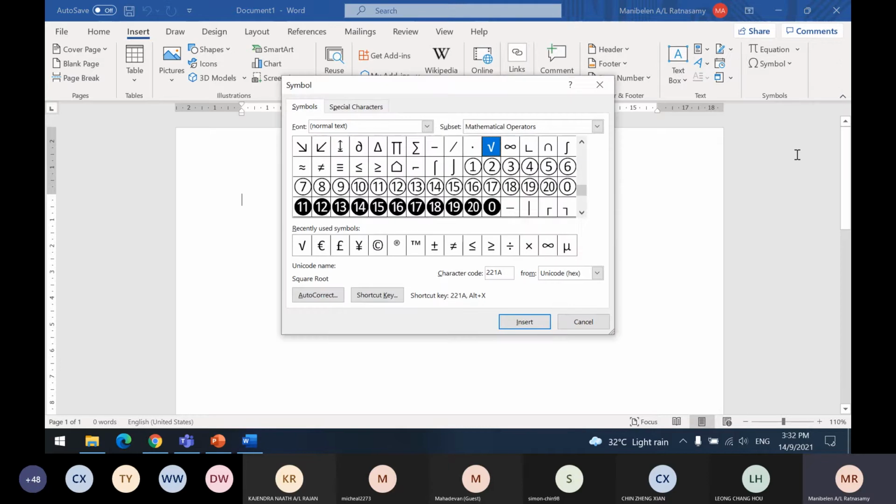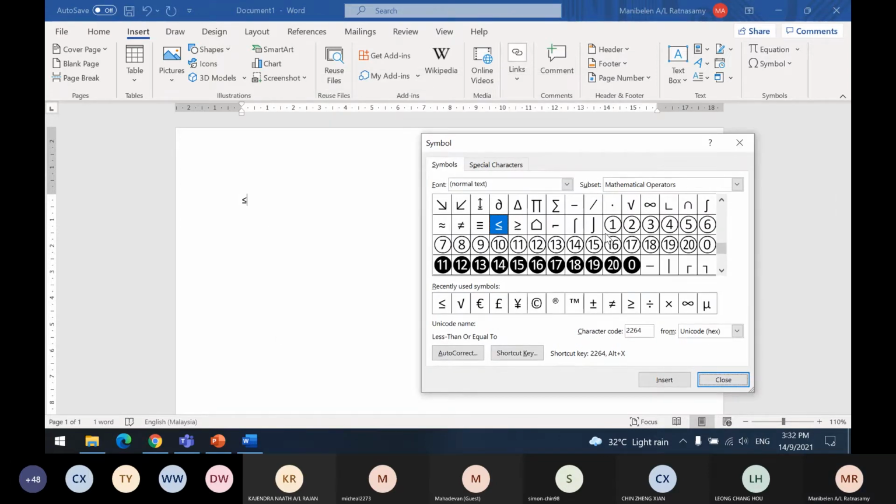If you cannot, let me know. When you insert this symbol, do you think the computer can understand this symbol? The computer cannot understand this symbol. Computer won't understand this.